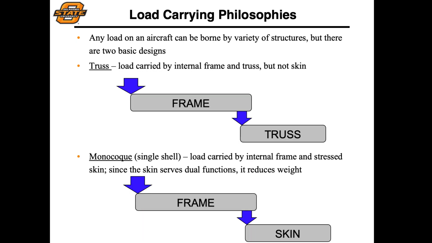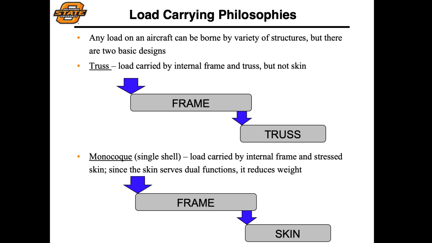Now, as part of this, we can think about this from a philosophical standpoint and how we're going to carry that load for our aircraft design. There are really two basic structural design philosophies or configurations. One is a truss design, where your load is carried by an internal frame and truss, but none of that load is carried by the skin.